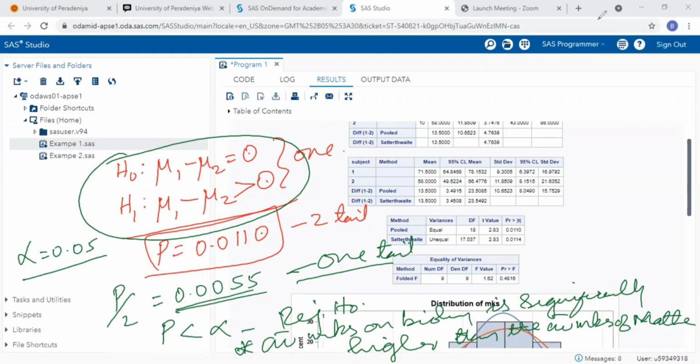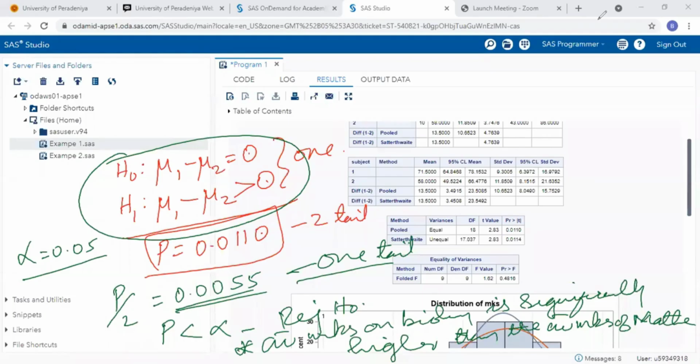So everybody should know, basically, three things that you'll have to remember. First thing is, you should know how to enter the data. In each case, the way that we enter the data may differ. Second thing, the program that you are writing should be very clear.